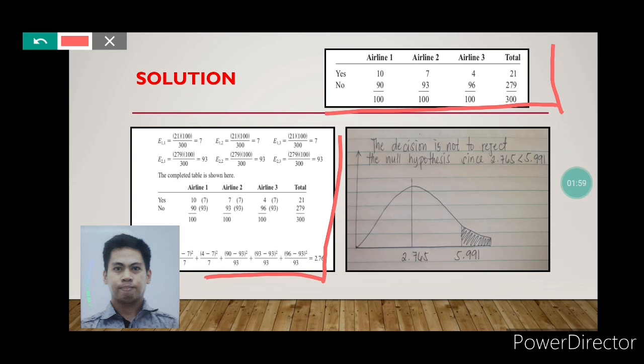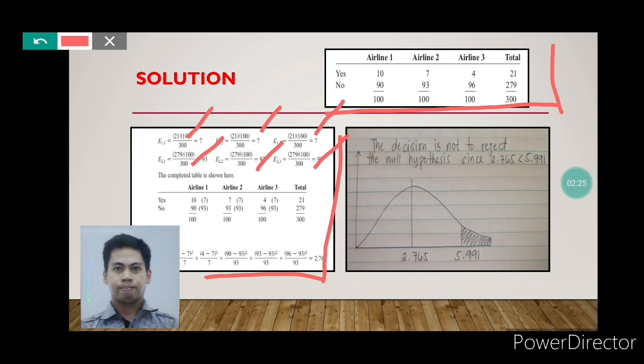And the expected values are 7, 7, 7, 93, 93, and 93. Since all the expected values are greater than or equal to 5, we can now move to step 4. But before moving to step 4, let us first solve the test value.